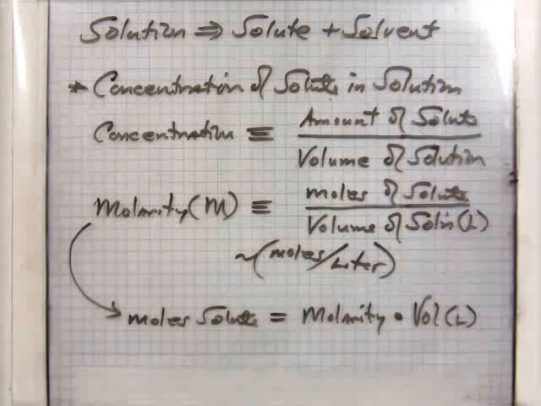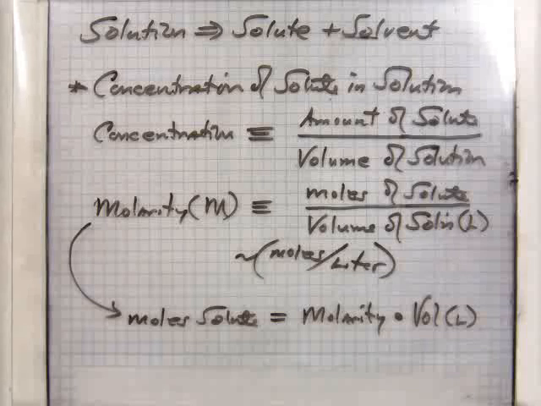Molarity times volume is moles. Molarity times volume is moles. Please memorize that with all due diligence. Because why? You're going to be given problems that relate to equation solutions that you need to convert to moles and solve the problem, and then convert back to whatever you need. And you'll see how this works out as we get deeper into this.